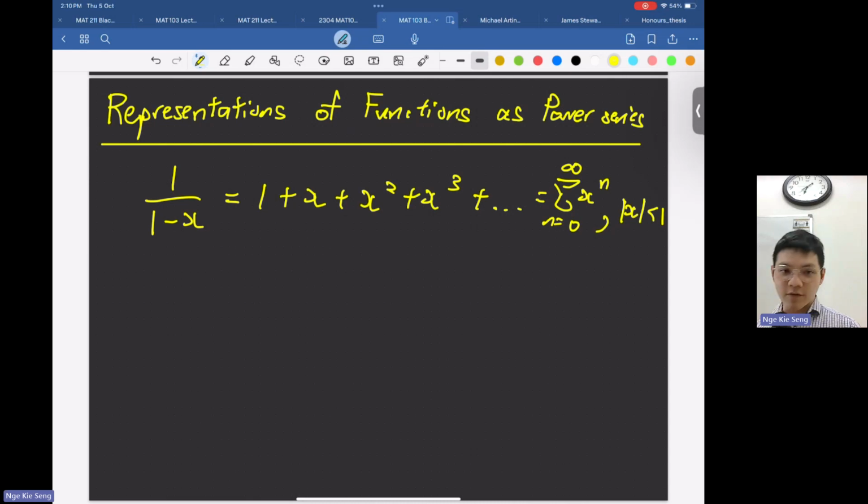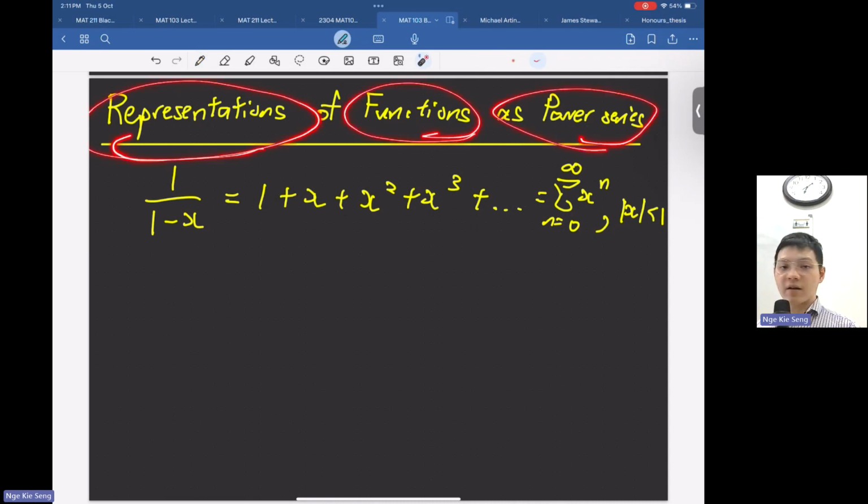So how is this useful? Let's say, for example, you see this topic here, we want to represent our function as a power series.